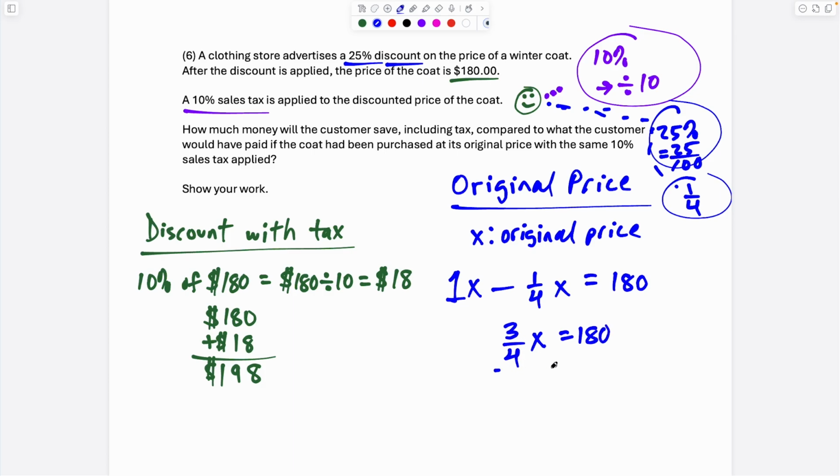Now to solve for X, just divide both sides by 3/4. These terms cancel. X equals, and now I could just use keep, change, flip. I keep 180, I change this operation to multiplication, and I flip the fraction to 4/3.